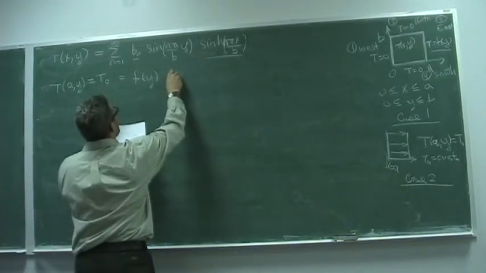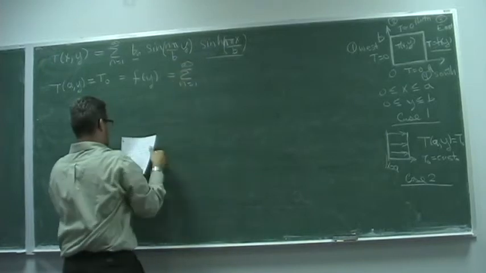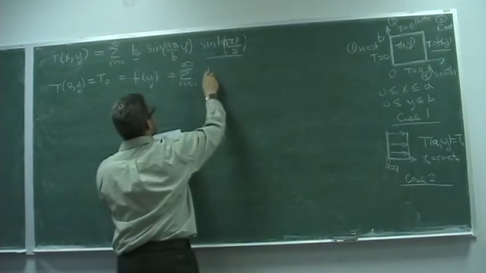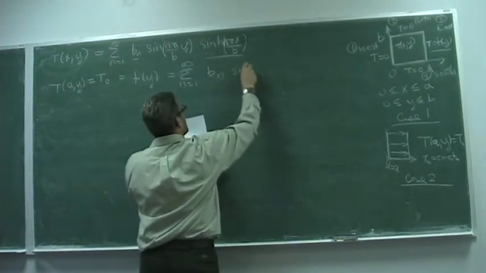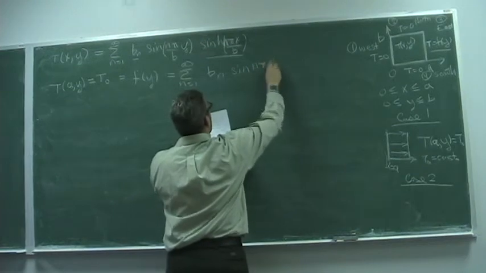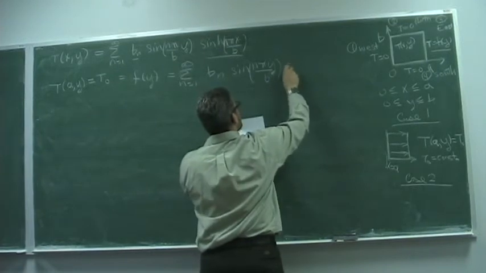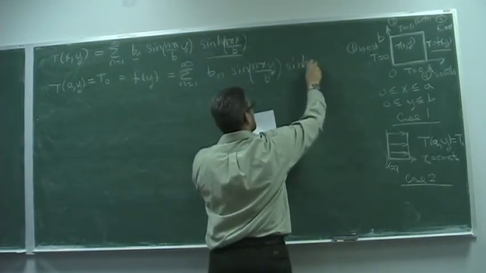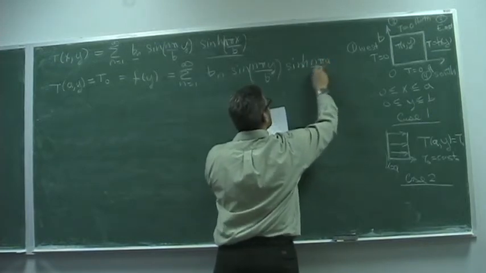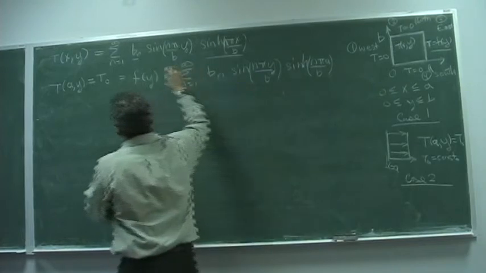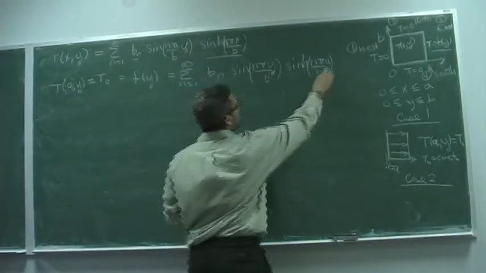So we have this equal to the summation from n equals 1 to infinity of b sub n sine of n pi y over b, times sine hyperbolic of n pi a over b. Do you see what I just did there? I substituted in a for my x.